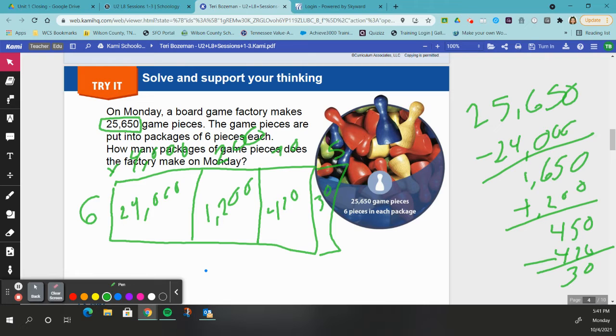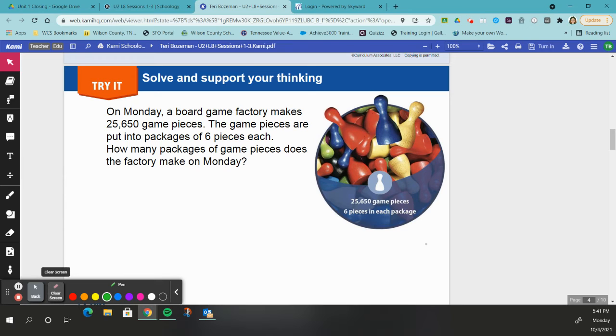So now I have found the area of the box, and I also have found my quotient, because if I add these together across the top, then I have now found that the factory can make 4,275 packages if they put them in groups of 6. So that would be area model. Typically not something that my students used to go to as their strategy for dividing. Partial product, yes, my students used that a lot before, but either works.